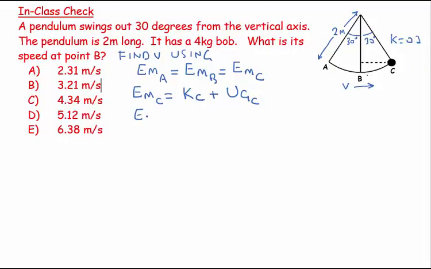So I can say my mechanical energy at C is equal to 0 plus mgh, which equals the mass of the bob, which is 4, times the gravitational field strength, which is 10, times h, and h is this here, it's the height above the baseline, and I don't know what that h is.